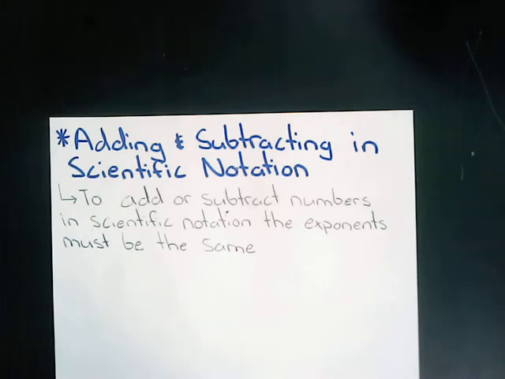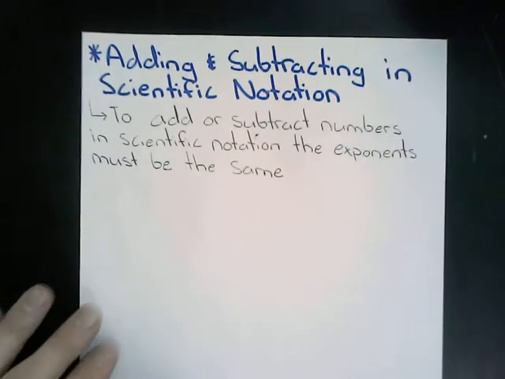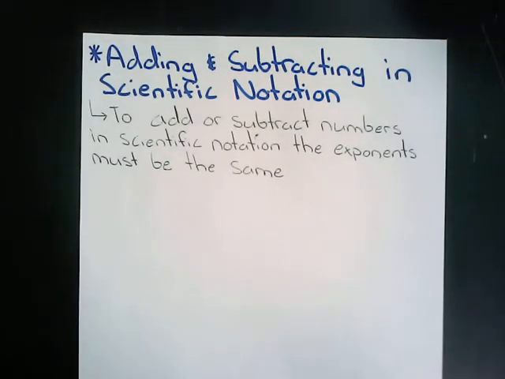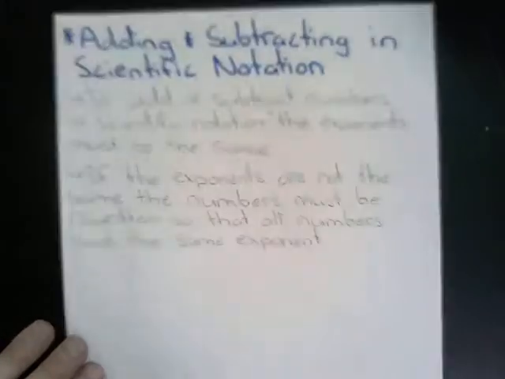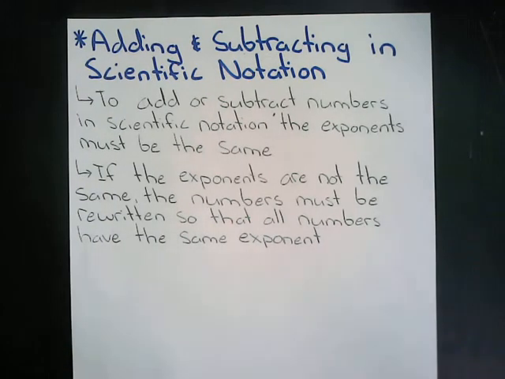Now, if the numbers that you're trying to add or subtract do not have the same exponent, or the scientific notation does not express them with the same exponent, what you must do is rewrite the numbers so that all numbers have the same exponent. To get all of the numbers having the same exponents, you need to use those general rules of scientific notation to accomplish this.